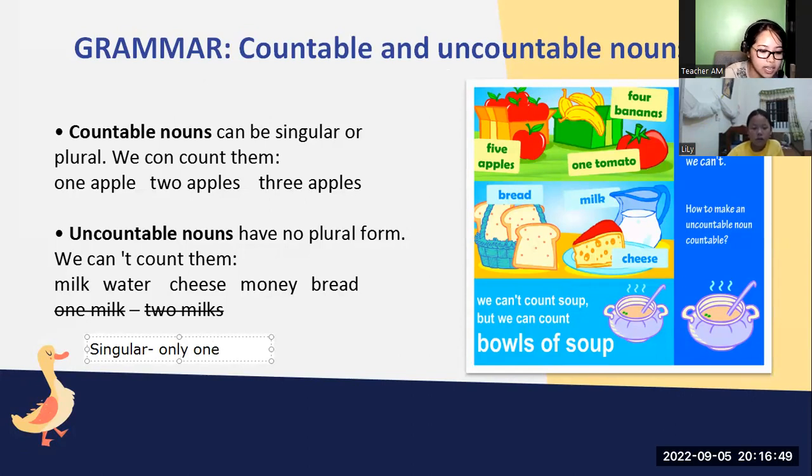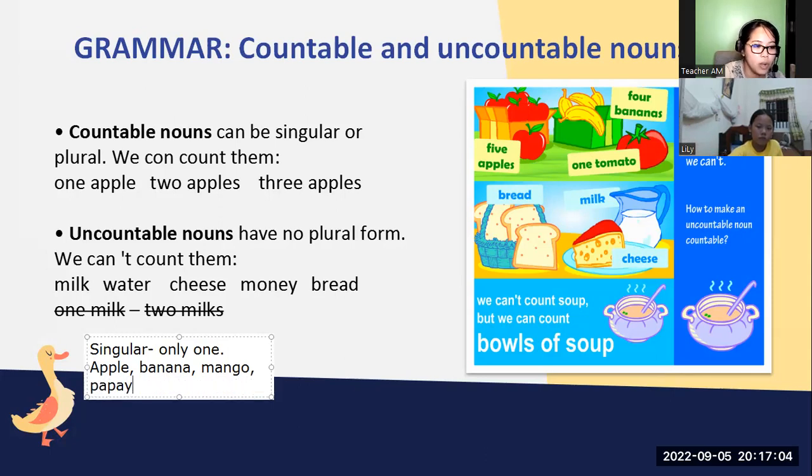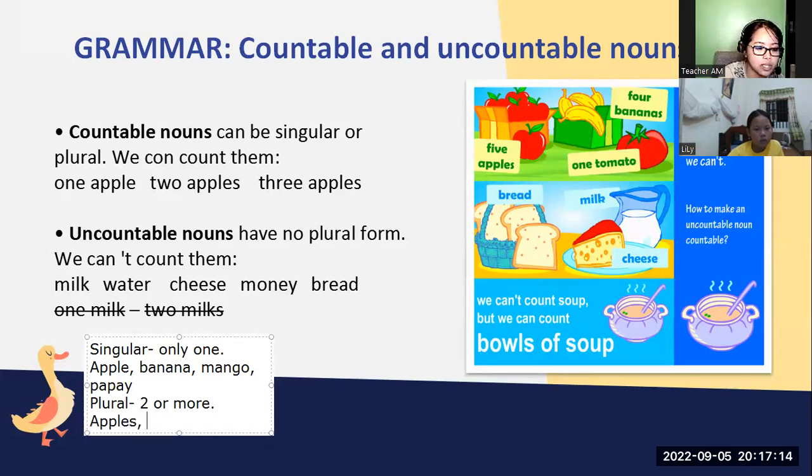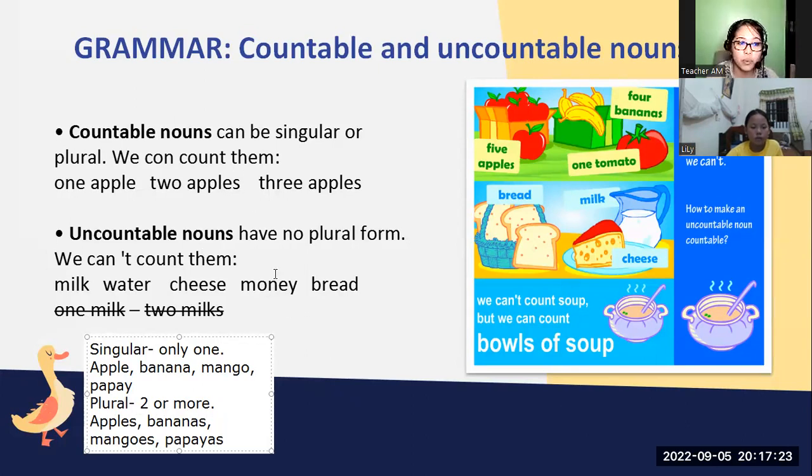Just like, example, apple, banana, mango, papaya. When you say plural, that means two or more. Example, apples. It has S, apples. Bananas, mangoes, papayas.